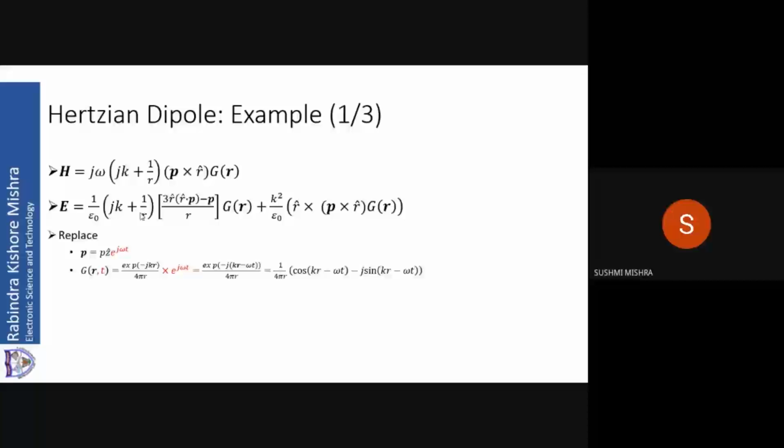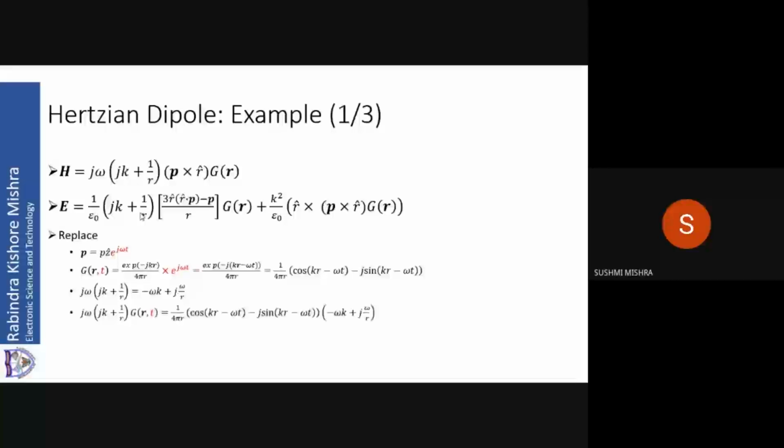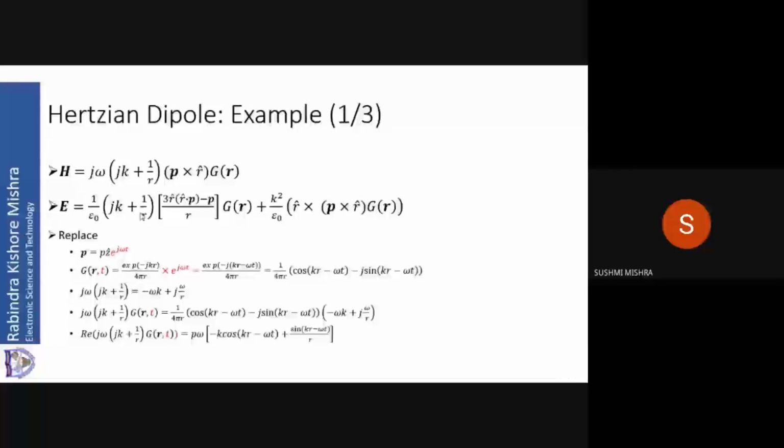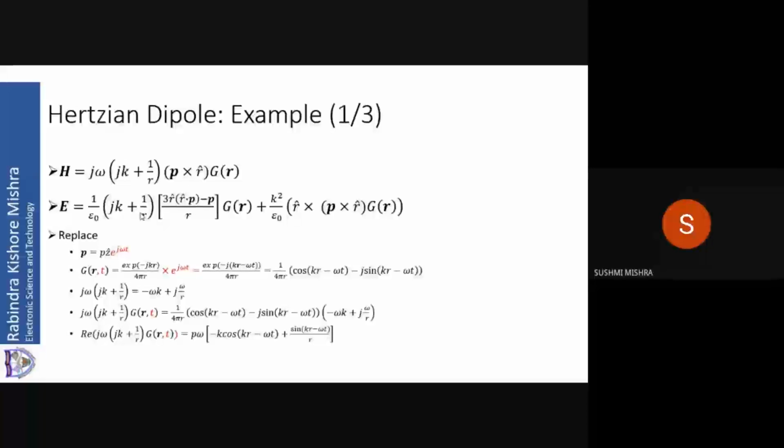Then for the complete expression in the harmonic domain, for the time harmonic field, we defined p as p z cap e to the power j omega t. Then we defined G(r,t), and on that we multiplied G with e to the power j omega t.